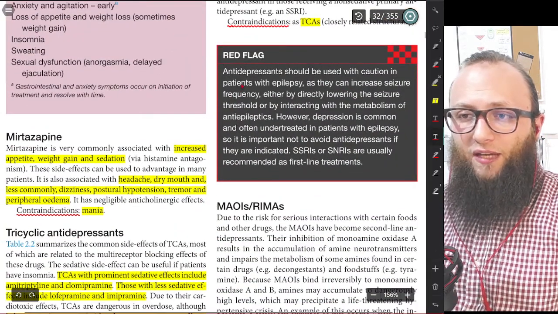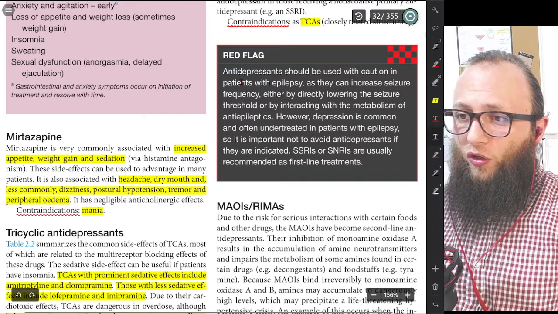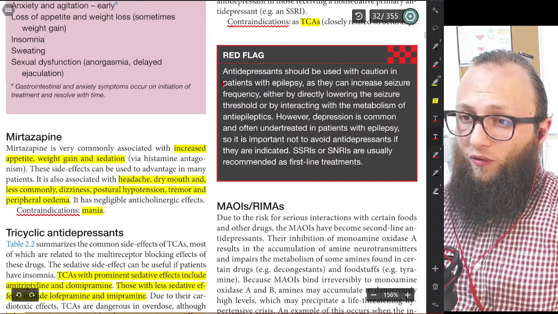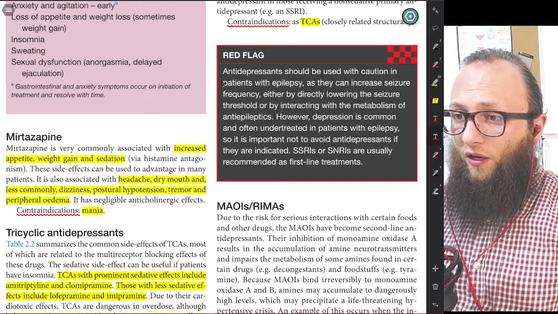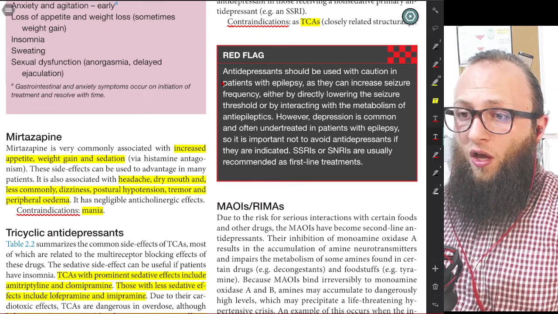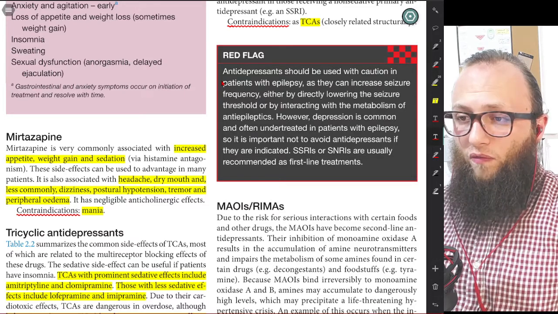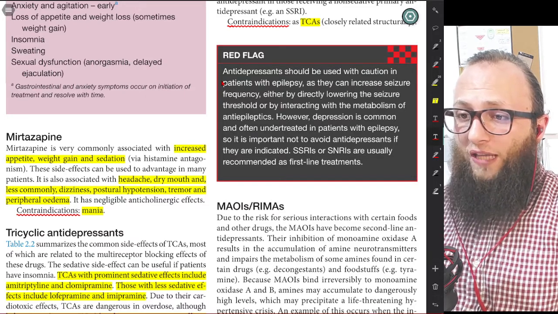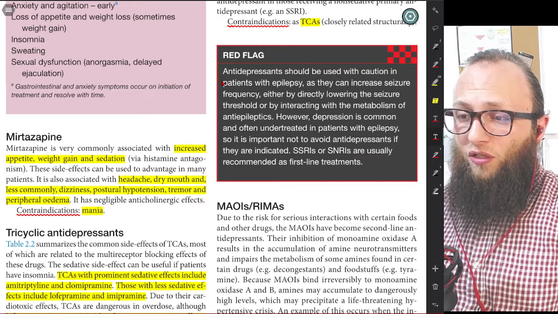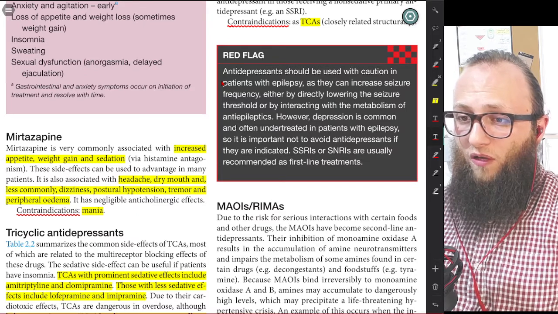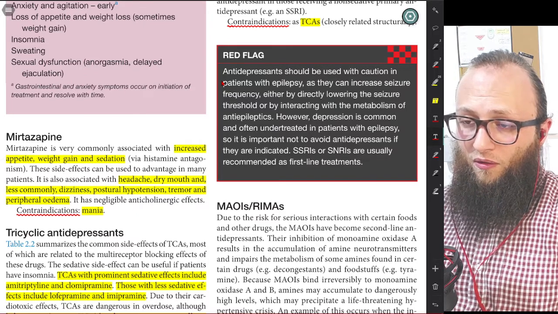Here we have a red flag. Antidepressants should be used with caution in patients with epilepsy, as they can increase seizure frequency, either by directly lowering the seizure threshold or by interacting with the metabolism of antiepileptics. However, depression is common and often untreated in patients with epilepsy, so it's important not to avoid antidepressants if they are indicated.